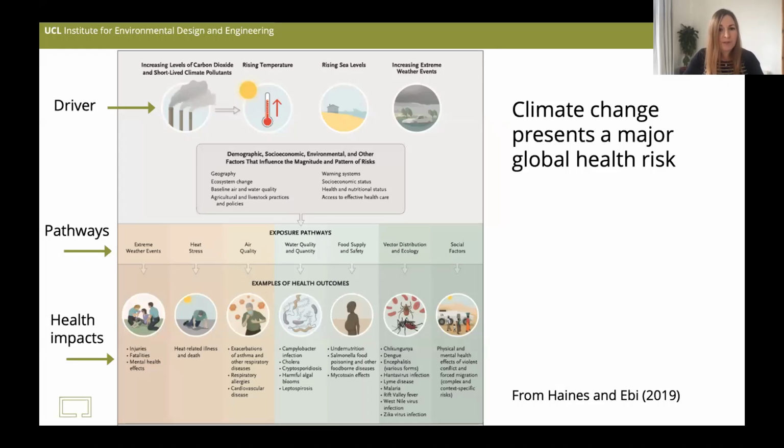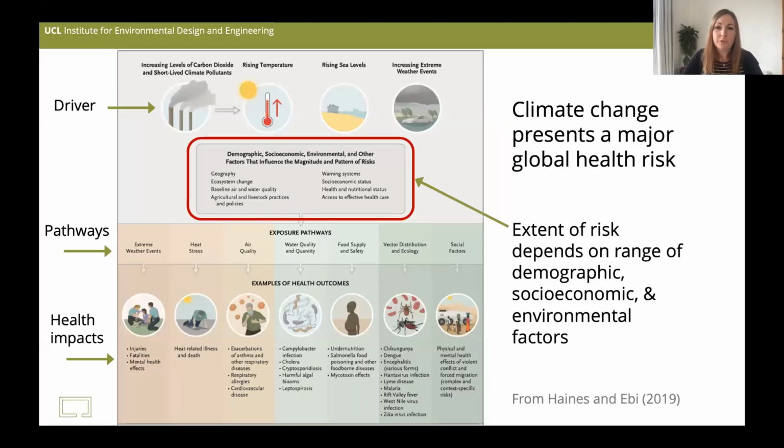Through these various exposure pathways, there's a result of different types of health impacts. These can be mild health impacts all the way through to increased risk of mortality, and there may be physical or mental health impacts as well.